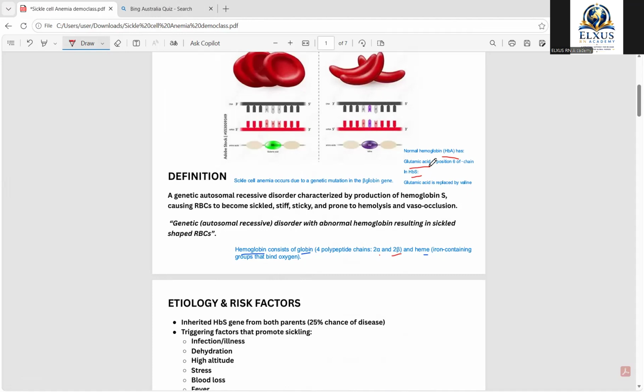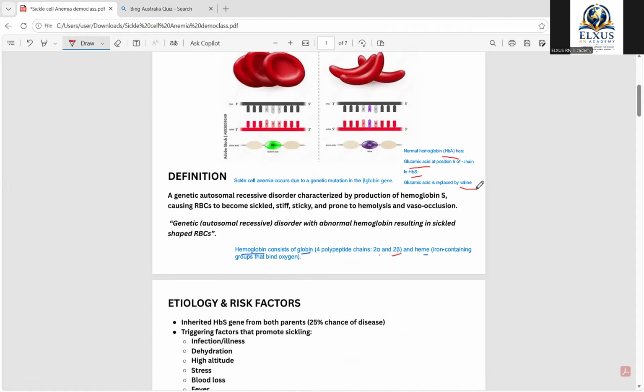But in sickle cell anemia, the sixth position of the beta chain is replaced with valine instead of glutamic acid. So the valine will cause the change in the shape of the RBC, and the normal RBC will become sickle shaped.